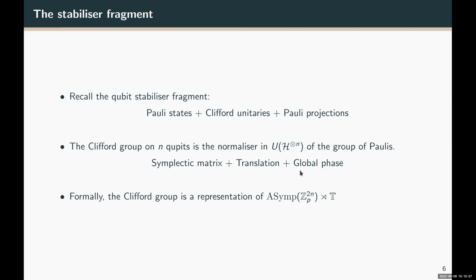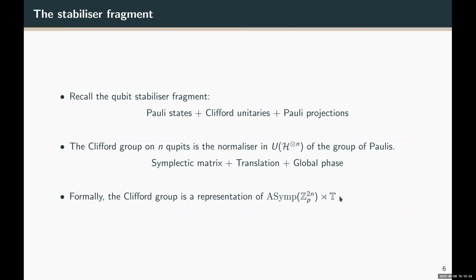And then some global phase, which you have to take into account when you are looking at the representation of this group in the Hilbert space. So formally, you can think of this as the Clifford group on n qudits as a representation of the affine symplectic group over the vector space of dimension 2n with some global phase term.